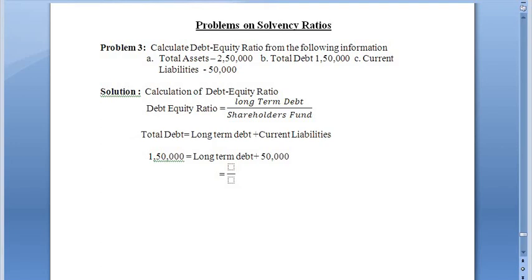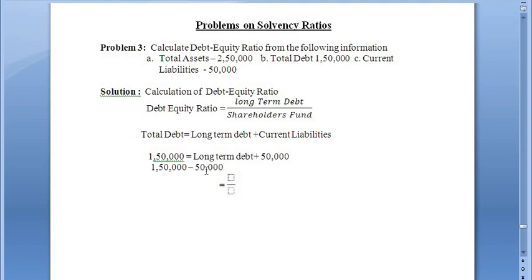The number will come to one side and the unknown will come to the other side. So write this 1,50,000 in the next line as it is. Now this current liabilities will come to this side, so the plus sign will become a minus sign. So write minus 50,000.